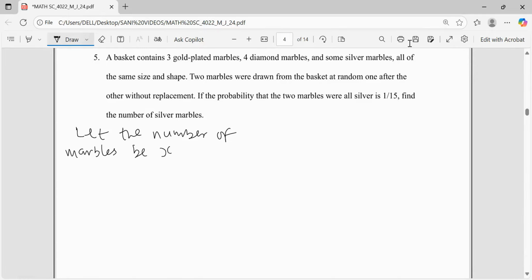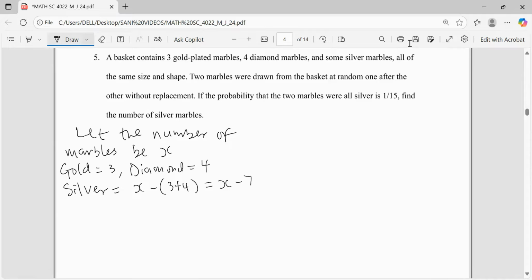The question says you have gold-plated marbles as 3, diamond marbles as 4. So which means the number of silver marbles will be x minus 3 plus 4, which is x minus 7.